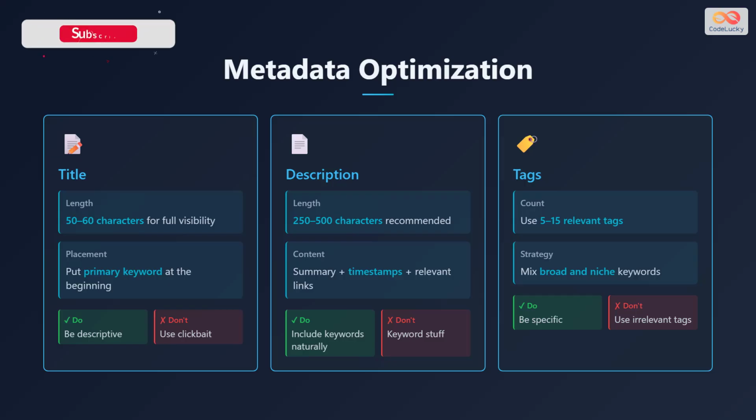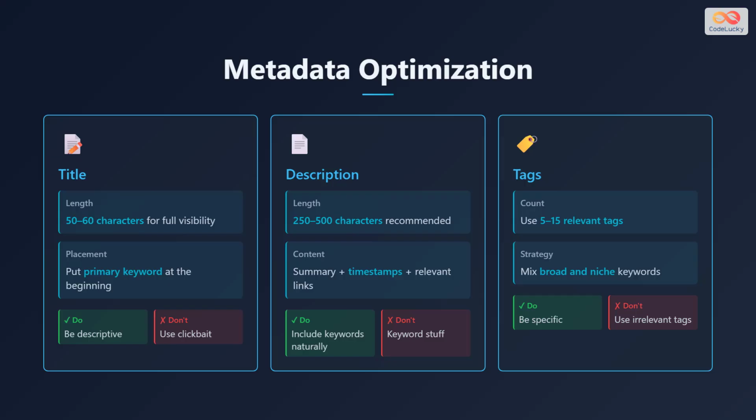Metadata optimization is the foundation of YouTube SEO. Title is the most important element. It should include your target keyword at the beginning and clearly tell viewers what your video is about. Keep titles between 50 and 60 characters. Description should expand on your title, include your target keyword naturally multiple times, and add timestamps if your video is longer than 8 minutes.